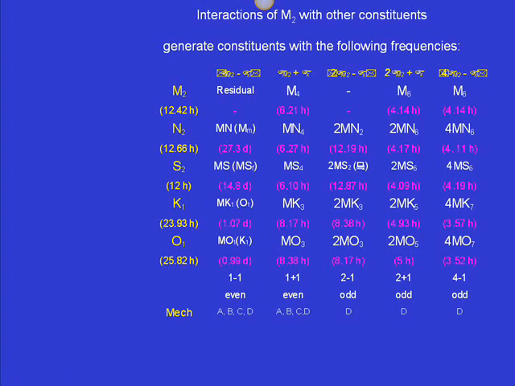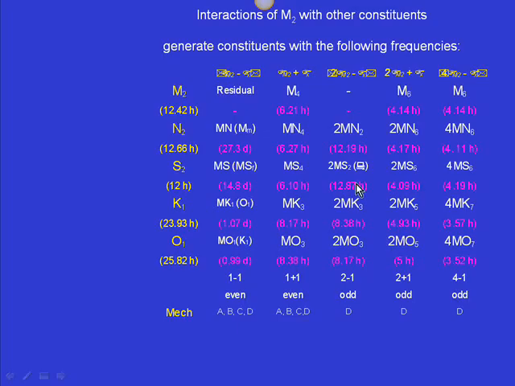Okay? So now, very interestingly, the interactions of the semidiurnal with the diurnal will generate compound tides of new periodicities that we haven't talked about up to here.